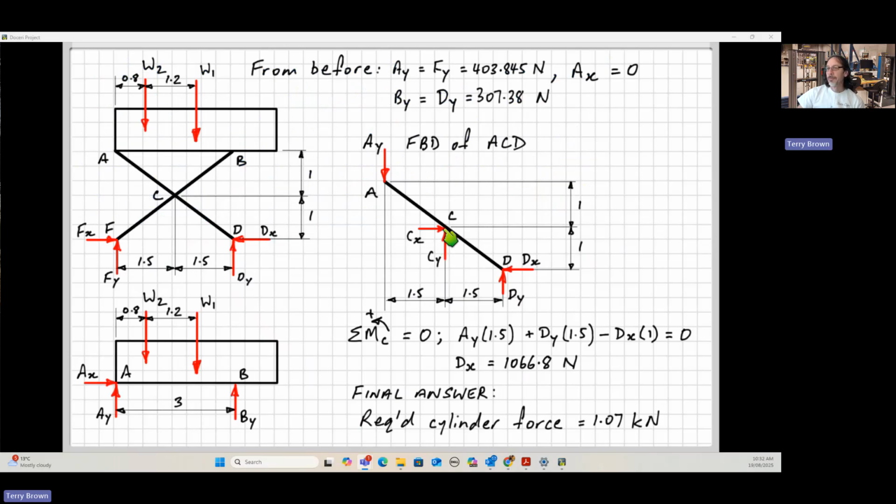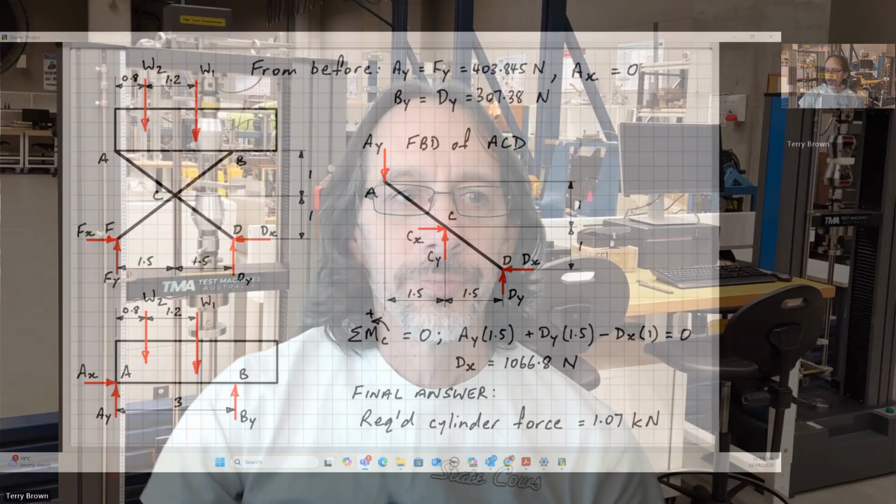So we need to know the forces here at Cx and Cy, so we know the forces on the pin connection. And then if we were going to size this member, it would be in bending. Right? So we need that in order to properly size that structural component.